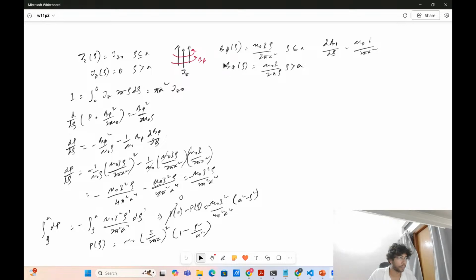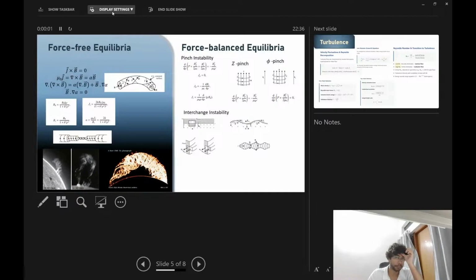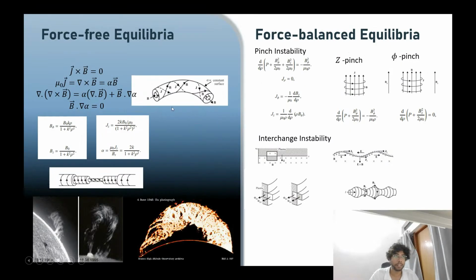Okay, right. So now coming back to another configuration, which is the phi pinch, which is just the inverse of the z pinch, where we have the current in the phi direction, whereas the magnetic fields are in the z direction.